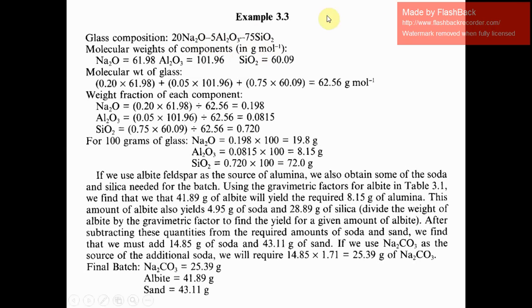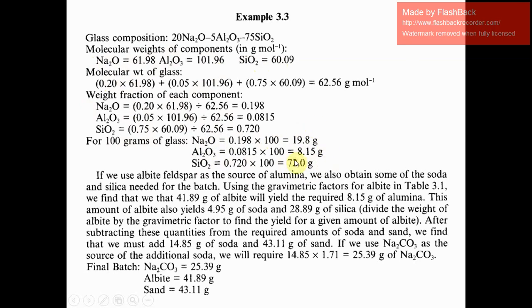So in this case, as we have done earlier, we take the molecular weight of each component in gram per mole, then the molecular weight of total glass, and then the weight fraction of each component. Up to this it is very easy, and then for 100 gram of glass you can multiply by this. Okay. Now these are the grams of oxides Na2O, Al2O3 and SiO2.